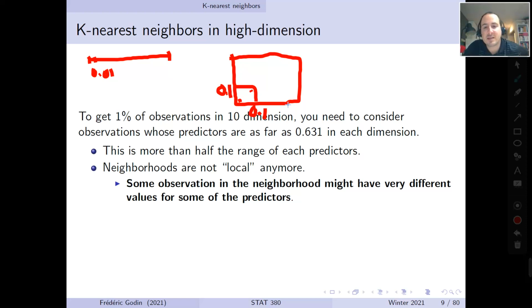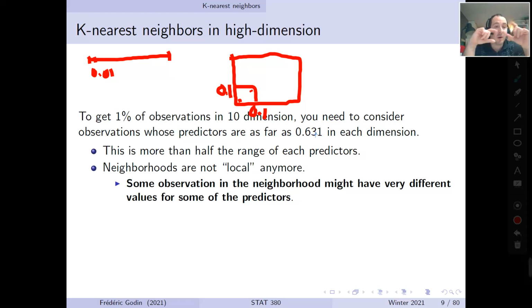Okay, so this is the main issue with k nearest neighbors in high dimension: when you try to predict for a new point, the closest neighbor might have some predictors that are very far away. Here in 10 dimensions, it's more than half the possible range of the predictor value.